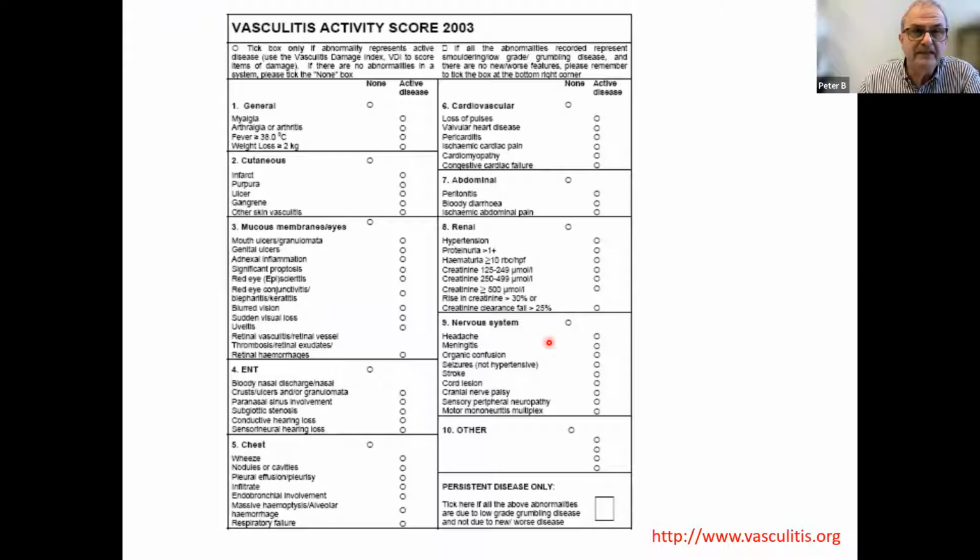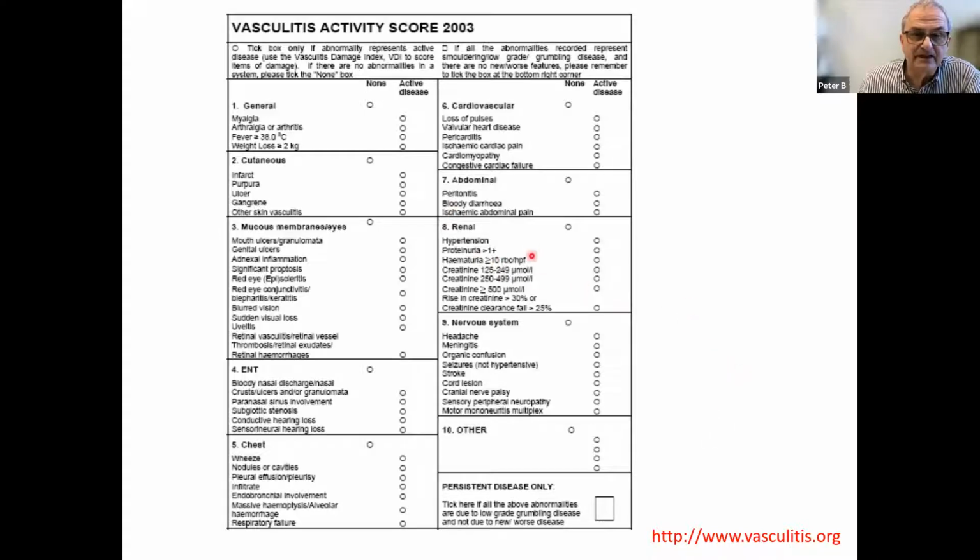The BVAS, Birmingham Vasculitis Activity Score from 2003. It's good to look at that sometimes, and also for students and young doctors, it's good to score vasculitis patients, how many scores and how many organs are involved in this disease.